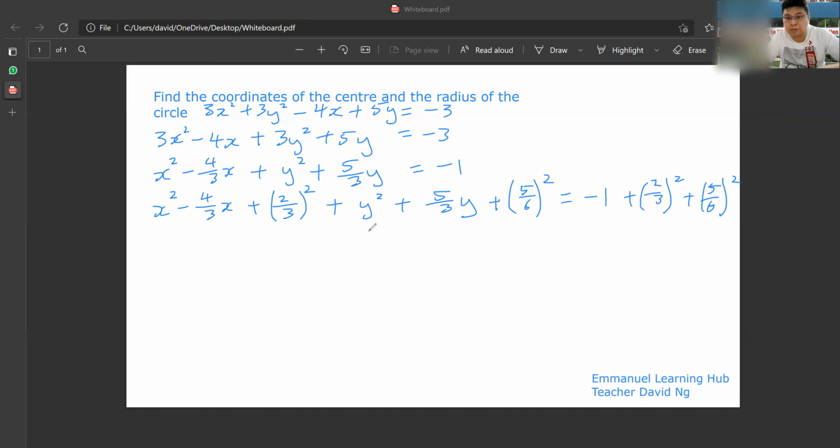Understand this part? Completing the square. Can you understand? So this one is a squared minus 2ab plus b squared, right? This will become (x minus 2/3) squared.